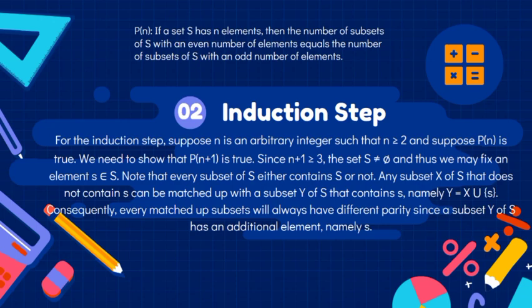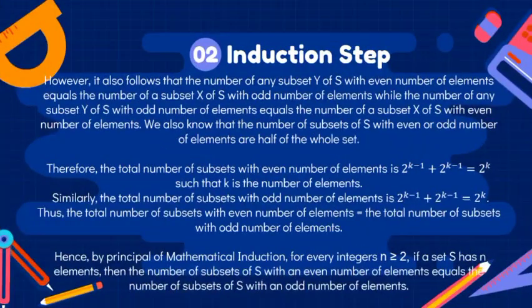Any subset X can be matched up with a subset Y that contains s, namely Y equals X union the element s. Consequently, every matched-up subset will always have a different parity since the subset Y has an additional element, namely the element s. It follows that the number of subsets Y with an even number of elements equals the number of subsets X with an odd number of elements, and vice versa.